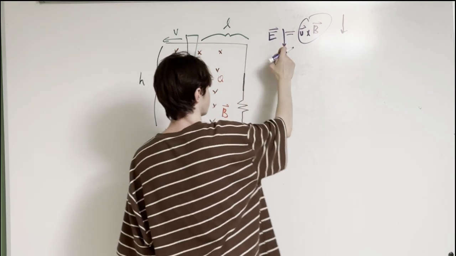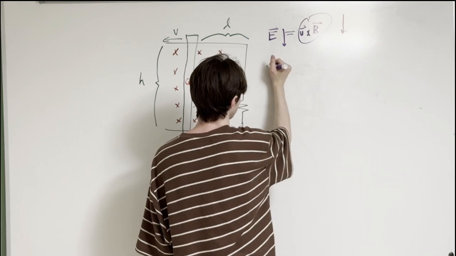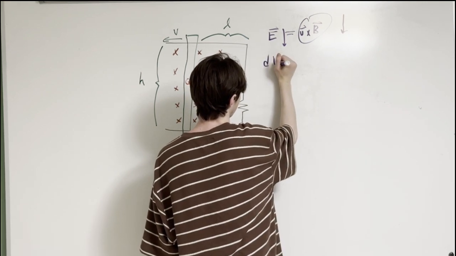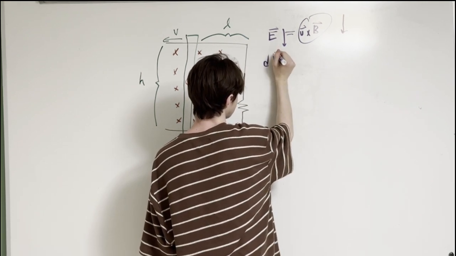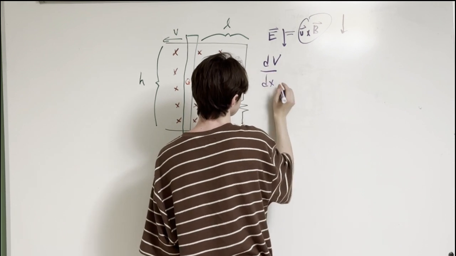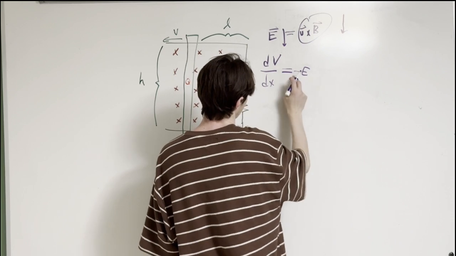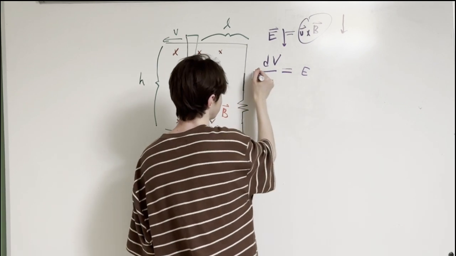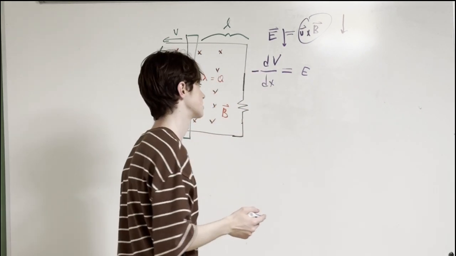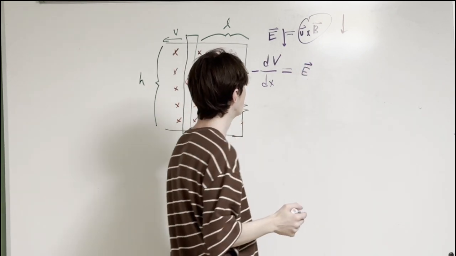And finally, one more equation. We know that the derivative of electric potential with respect to x is equal to the negative of the electric field. Or you could say the other thing, the negative derivative of voltage with respect to x is equal to the electric field.